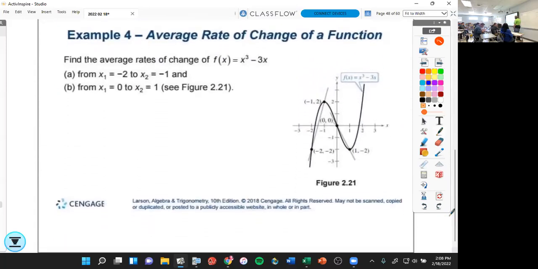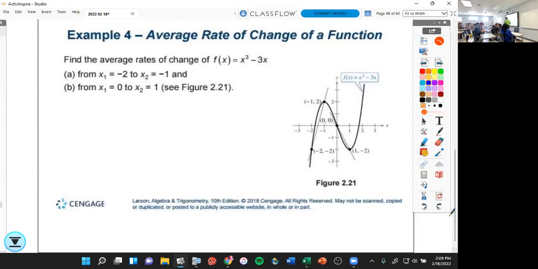So here's a graph. There are 2 problems. For time's sake, I think we'll do 1. So we'll do A. What is the slope of the line from x1 equals -2 to x2 equals -1?